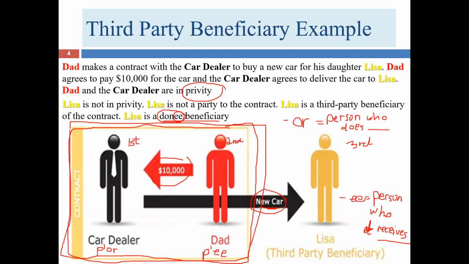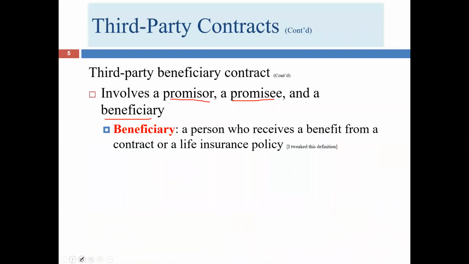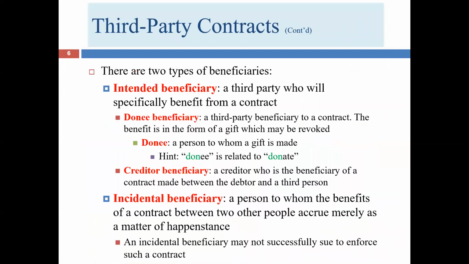It's almost certain that Dad is very focused on getting it into a particular person's hands. He really wants Lisa to get the car, not just any random junior at Stephen F. Austin, for example. Okay, so you can see that the beneficiary is going to be spelled out very, very clearly.